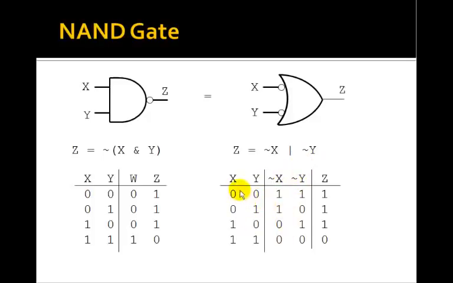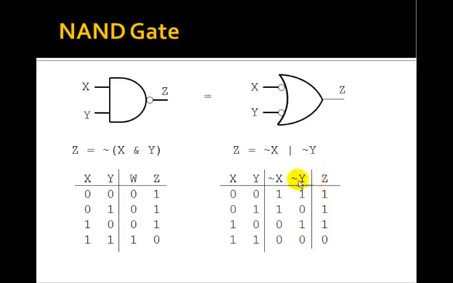Take a look here. Here's x and y going 0, 0, 0, 1, 1, 0, 1, 1. If we compute not x, the 0, 0, 1, 1 becomes 1, 1, 0, 0. If we compute not y, y 0, 1, 0, 1 becomes 1, 0, 1, 0.